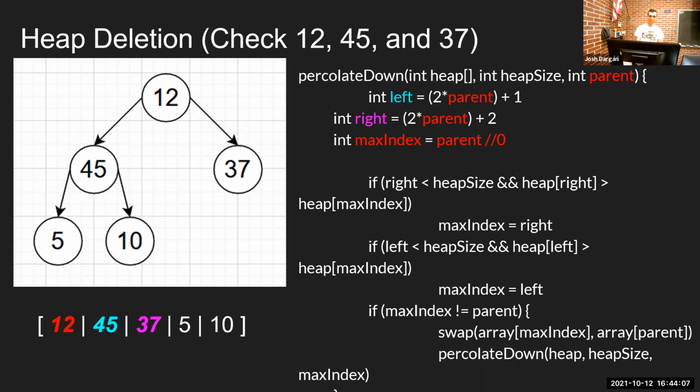And we give the index of the parent, and we find the index of the left and right child, and then we check if the right child is within the heap and the heap's right child is greater than the heap at the parent's index, then we assign the max index to be the right child's index.